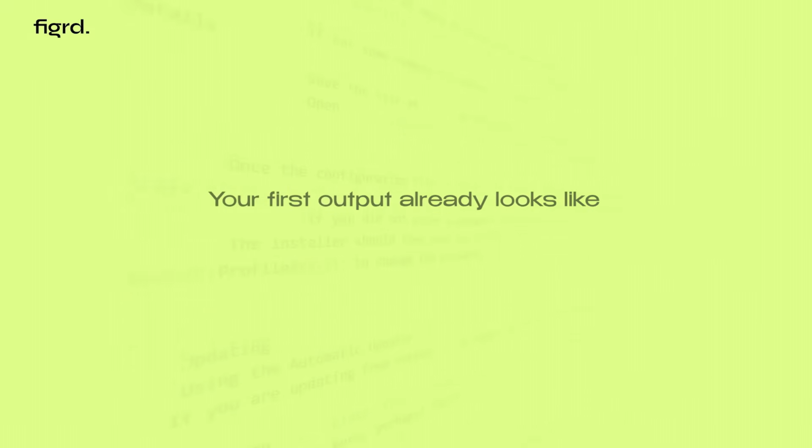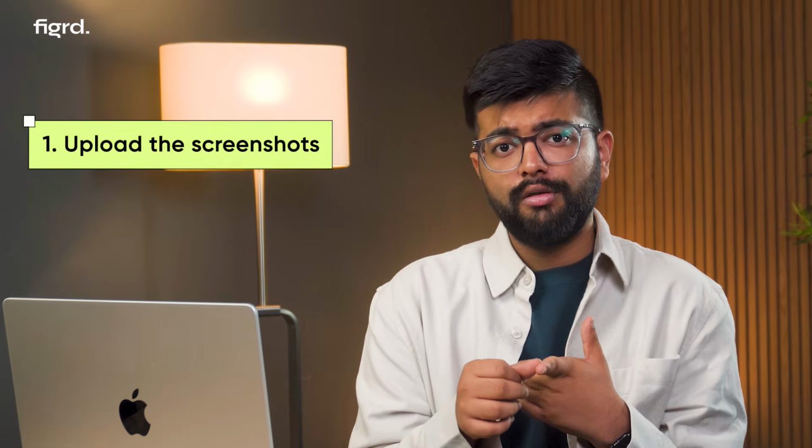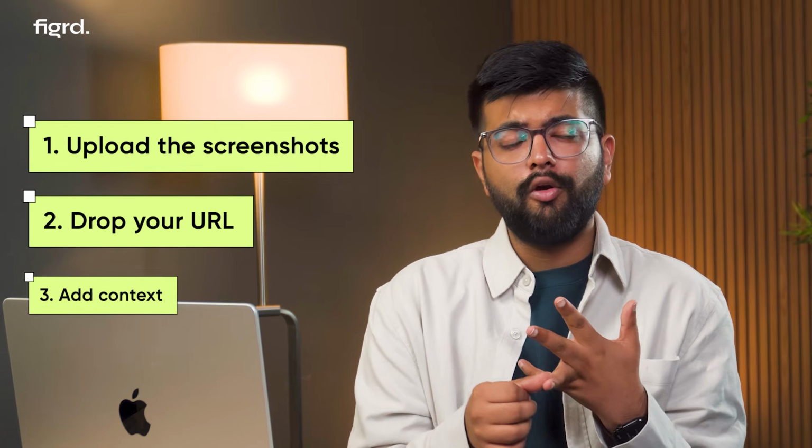And here's the thing about what just happened. We ran 3 prompts on one screen, but you actually don't need the first one. If you load your design language and your product knowledge before you ever generate anything, your first output already looks like it belongs to your product. The tokens are already in, the user context is already in, and you skip the generic middle entirely. Upload the screenshots, drop your URL, and add context.